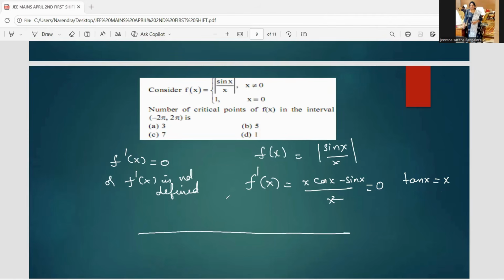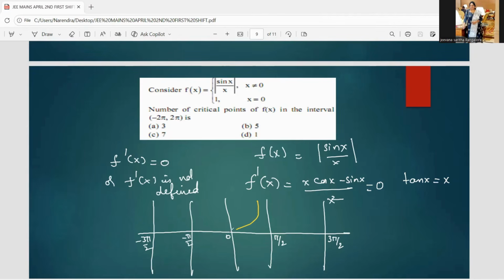For that, we can draw the graph of tan x. We're already familiar with the graph. So this is 0, this is pi by 2, 3 pi by 2. And we need this graph only from minus 2 pi to 2 pi, open interval.